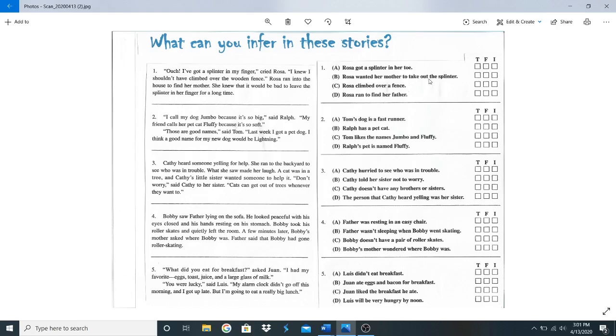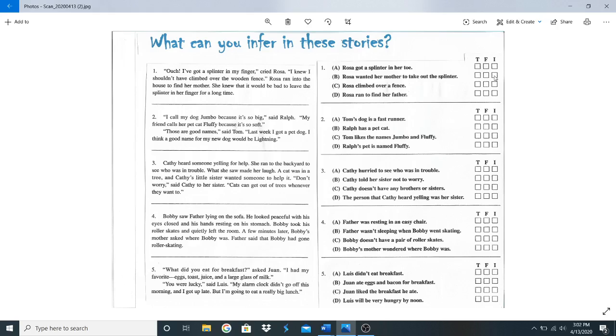So let's go over what we did. Rosa got a splinter in her toe, where in fact it was her finger, so we marked false on A. B. Rosa wanted her mother to take out the splinter. Well, she probably did, but it didn't tell us specifically or directly in the story, so we made an inference using what we read plus what we already knew about splinters.